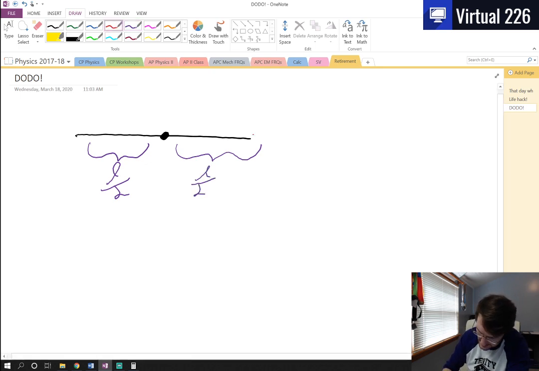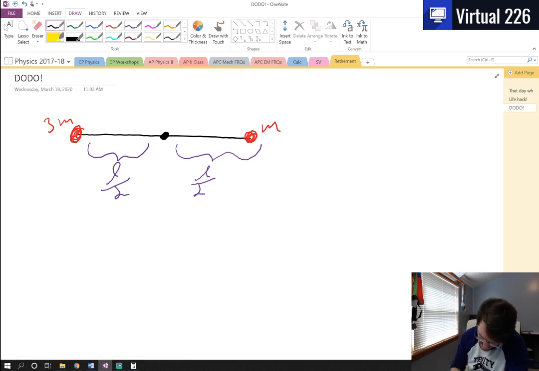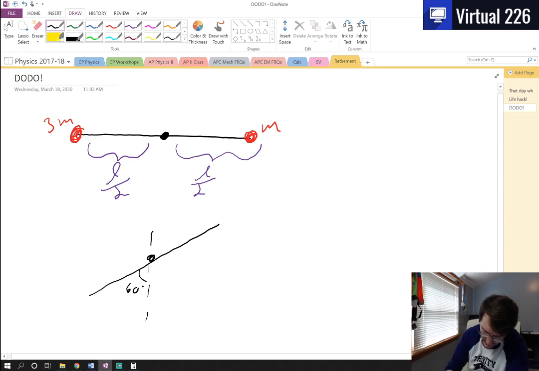What does matter is that this is mass M, and this is mass 3M. And then in the second picture, you've got the bar. It is at an angle here of 60 degrees. There's mass M. Here's mass 3M.